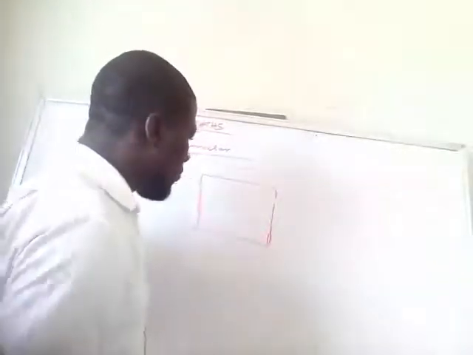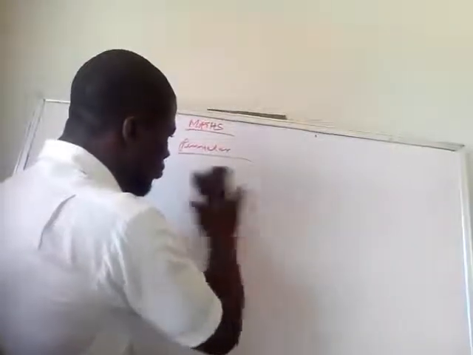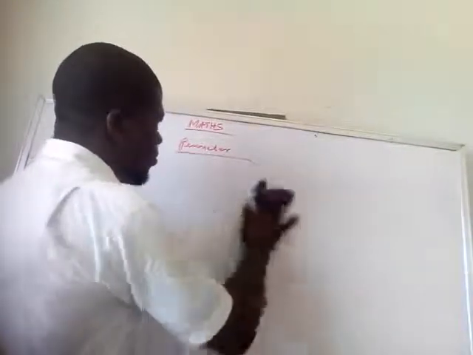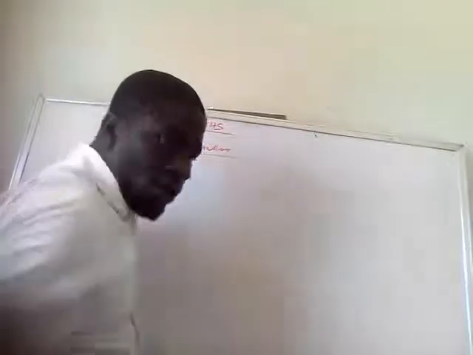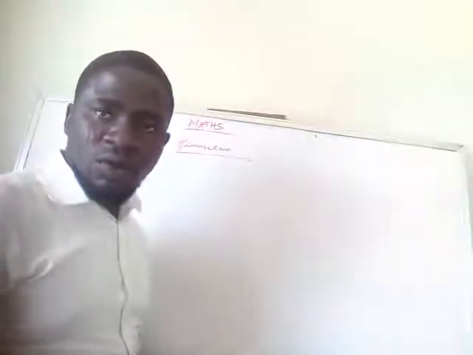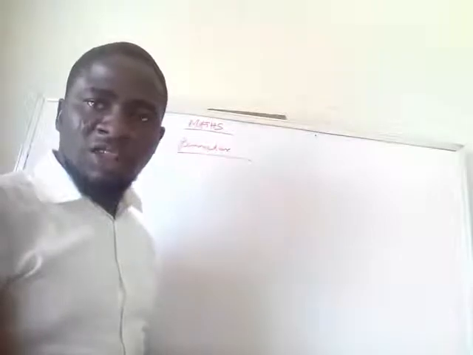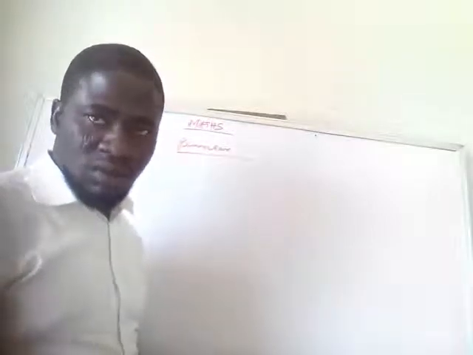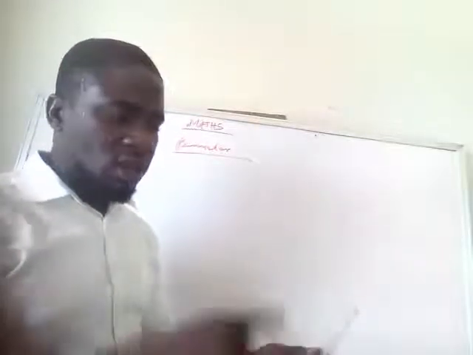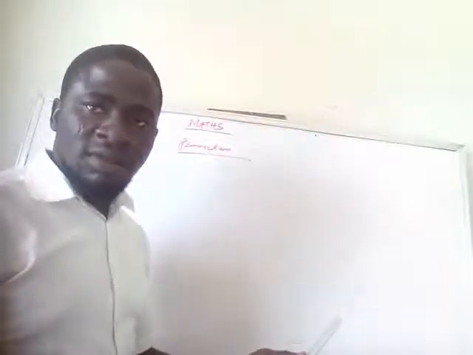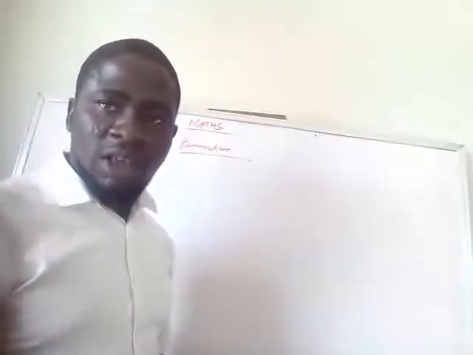So we solve an example. I don't have a thread here. I would have drawn one irregular shape and used a thread to trace it and then measure it with a ruler. It will tell us the length of that irregular shape.